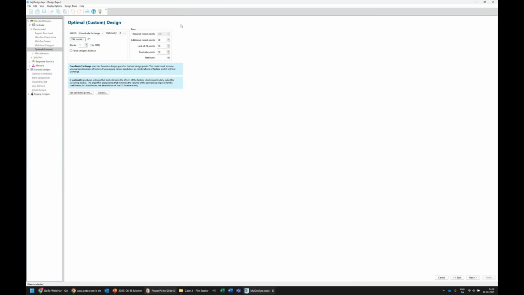And that is, with this number of levels, going to require a pretty substantial amount of work still, 130 runs at least.